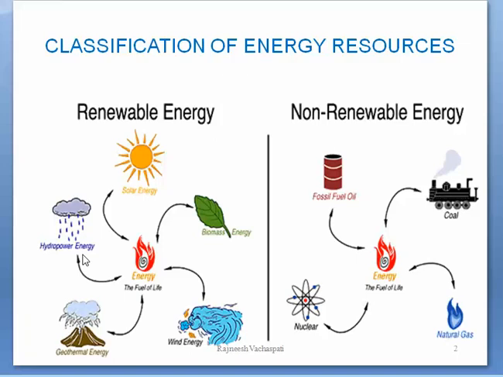The definition of renewable energy is that energy produced from sources that do not deplete or can be replenished within a human's lifetime and have minimal adverse impact over the environment. This is a very important thing, that the renewable energy sources are those sources which have minimum adverse effect over the environment.